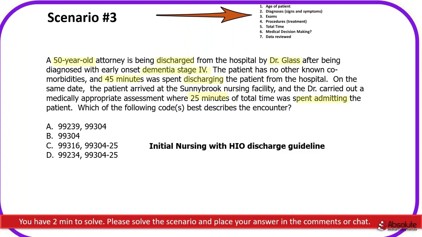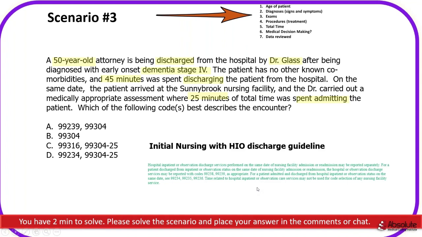So which guidelines do you think we are going to use here? Yes, it is going to be the guideline of initial nursing services with hospital discharge, and it states that the hospital inpatient or observation discharge services performed on the same day of the nursing facility admission or readmission are reported separately.